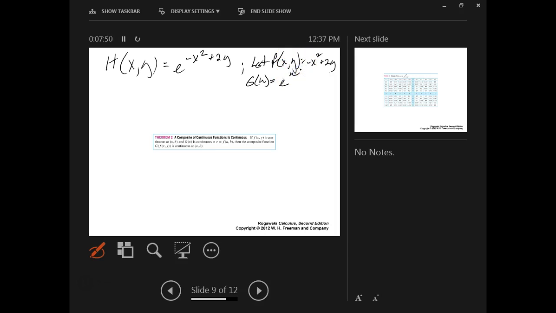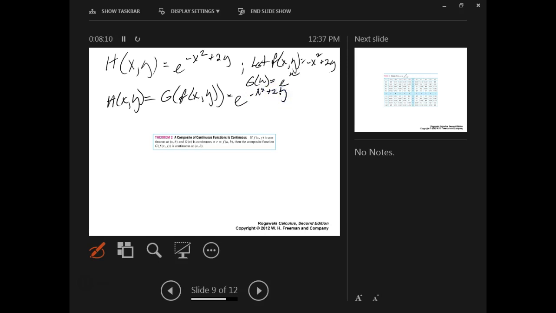Now the h of xy would be g of f of xy, where g is the e function and your f of xy is minus x squared plus 2y.